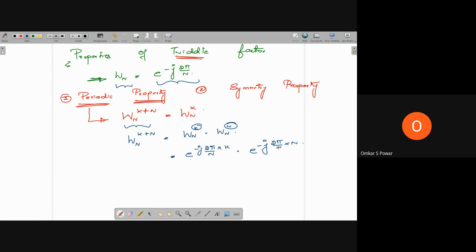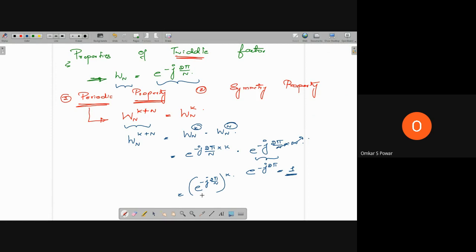Now this n and n you can cancel. What is remaining? E power minus j 2 pi, which is equal to cos 2 pi minus j sin 2 pi, whose value is equal to 1. So what will be remaining here? E power minus j 2 pi by n, the whole power of k.